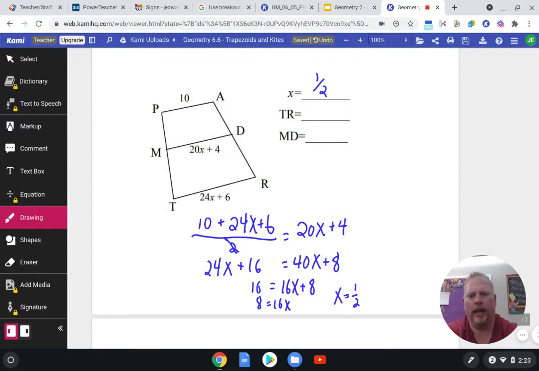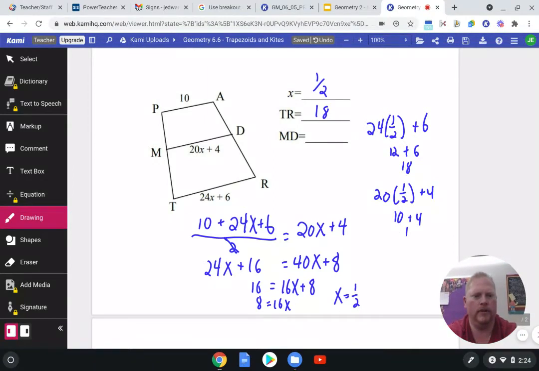So if I take that 1/2 and I plug it in, I get 12 plus 6, which is 18. And that was TR. Let's plug it in for MD. So 20 times 1/2 is 10, plus 4 is 14.